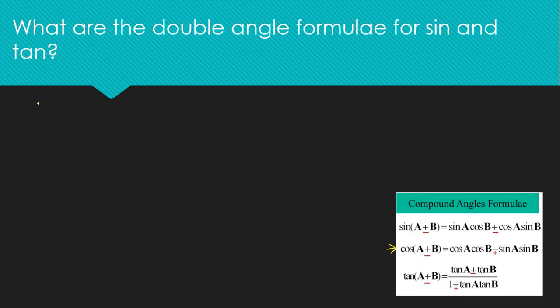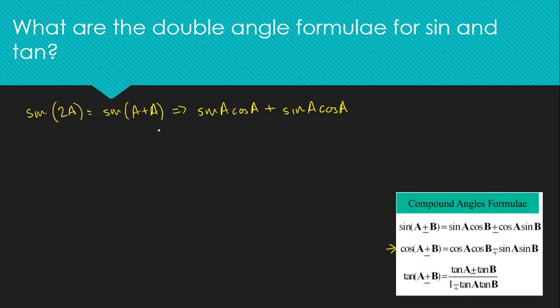But the double angle formulae essentially are having, instead of sine of a plus b, sine of 2a. So that angle is being doubled. Well, that could be thought of as sine of a plus a. And so we could use the compound angle formula for it, which would be sine a cos a plus sine a cos a.